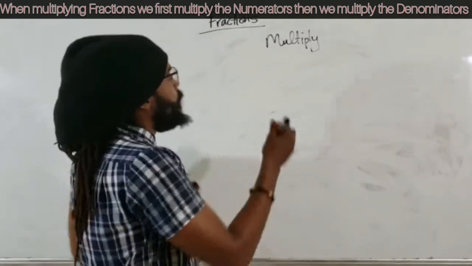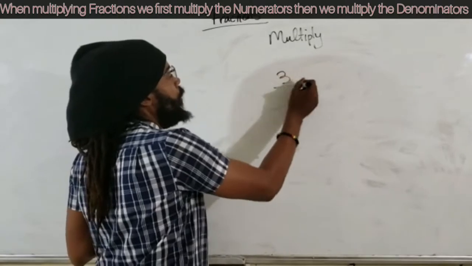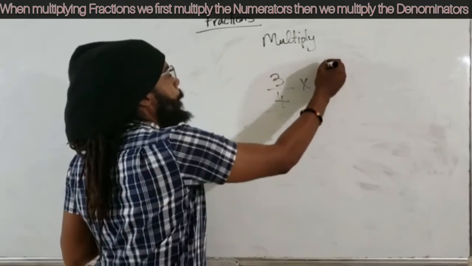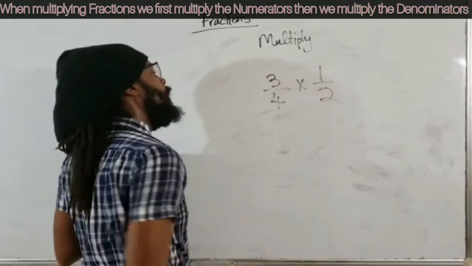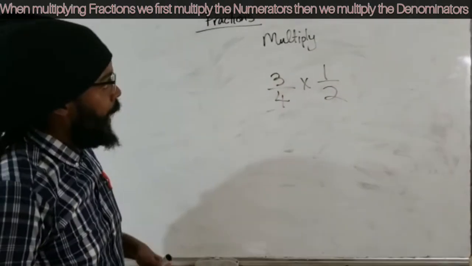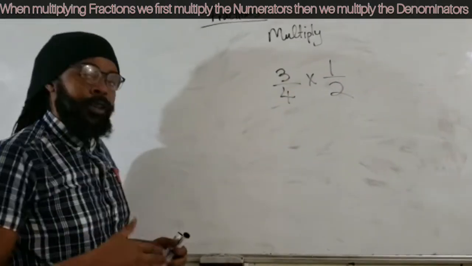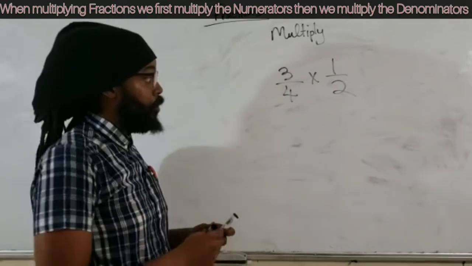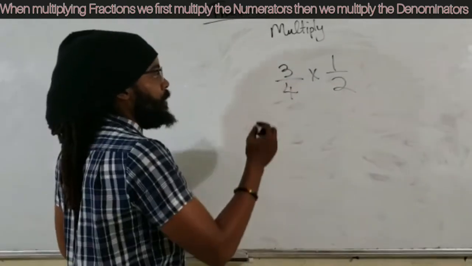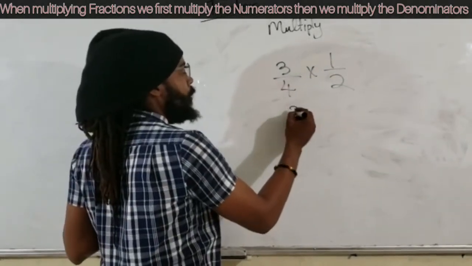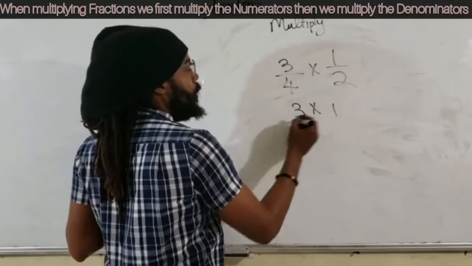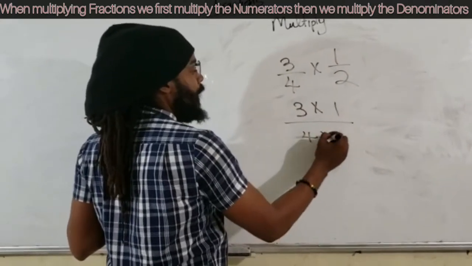For example, say we're going to multiply 3/4 and a half. If we follow the concept which says that we should multiply the numerators, then the denominators, we'll do something like this. It will be 3 times 1 over 4 times 2.